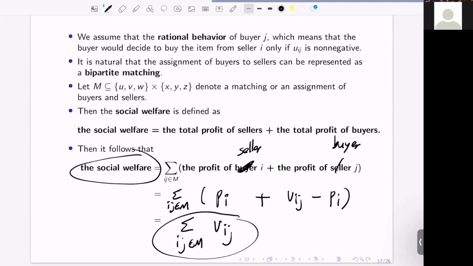And if you remember that M is a bipartite matching, maximizing the social welfare is equivalent to finding a maximum weight matching, where each weight is given by this valuation, V_ij. Is there any question?